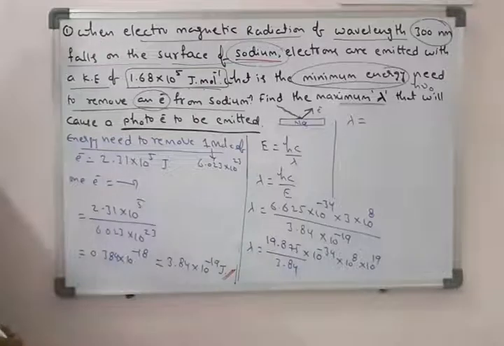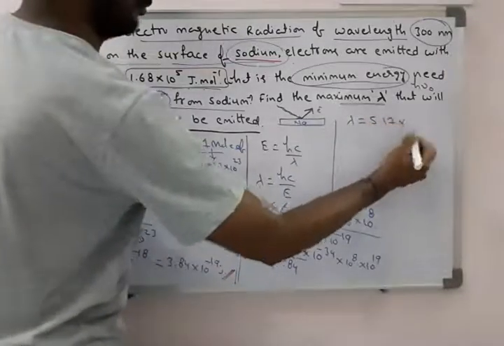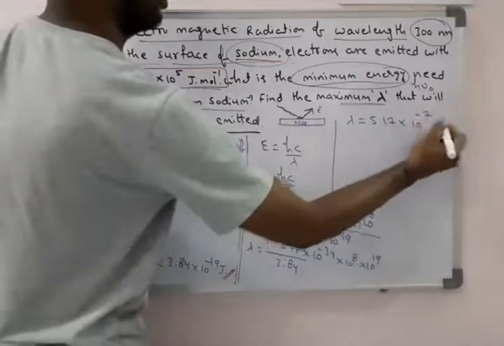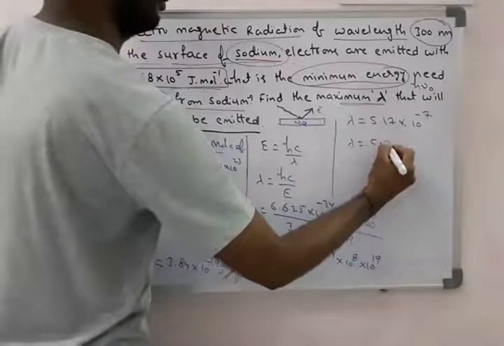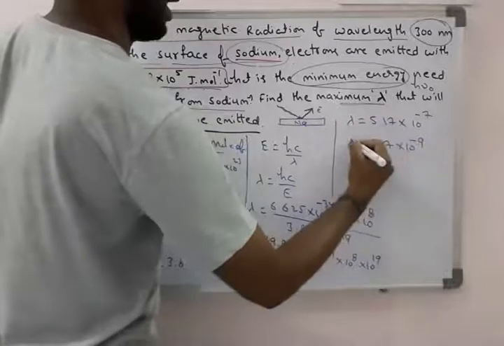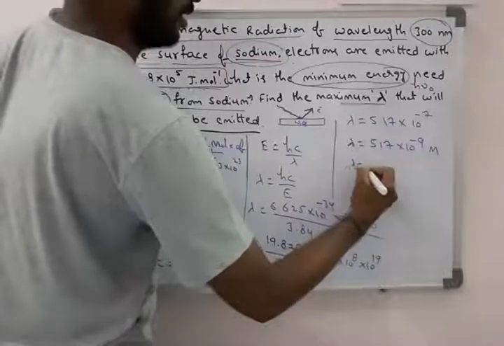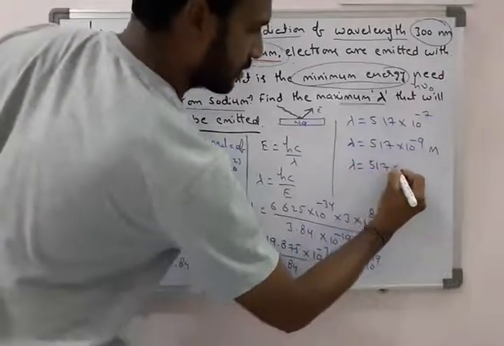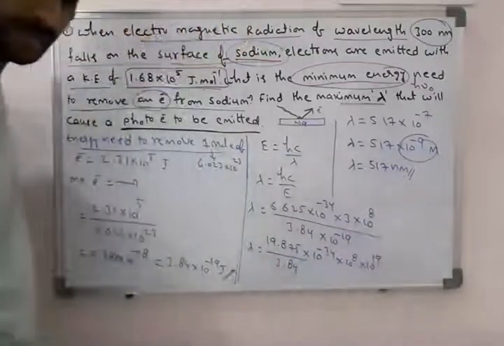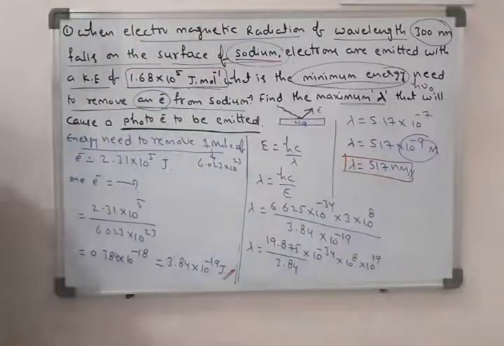On this calculation, here we get, as we use the total SI units, we get it in meters. So finally, in place of this 517 we can write nanometers. Okay, means lambda is equal to 517 nanometers.